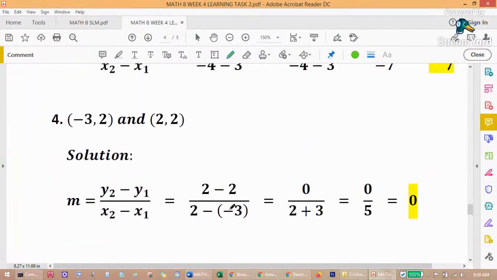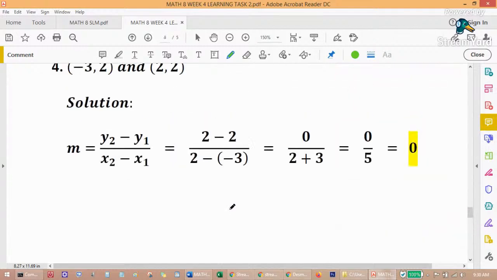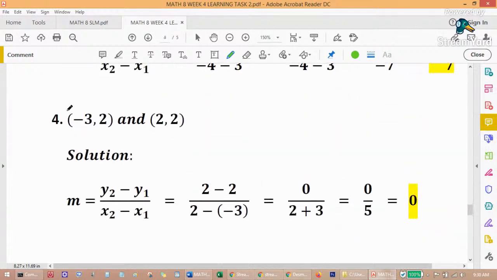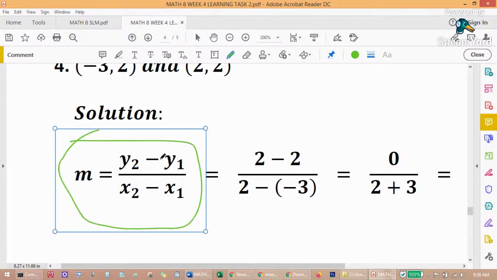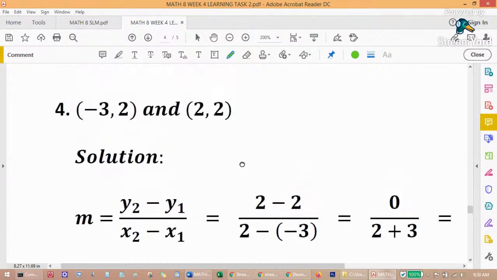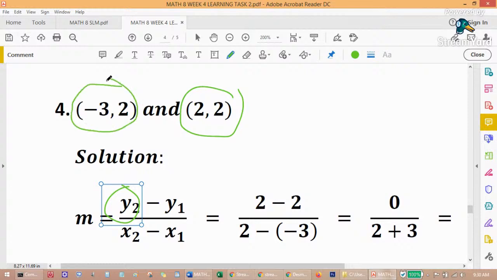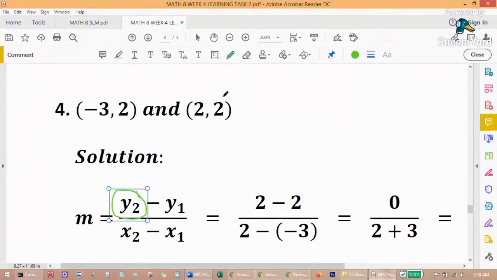And last two. So what is the slope of x negative 3, positive 2 and x positive 2, positive 2? So again, the formula for the slope: the second y, so this is the second coordinate. This is the first coordinate. The second y, 2, minus the first y.